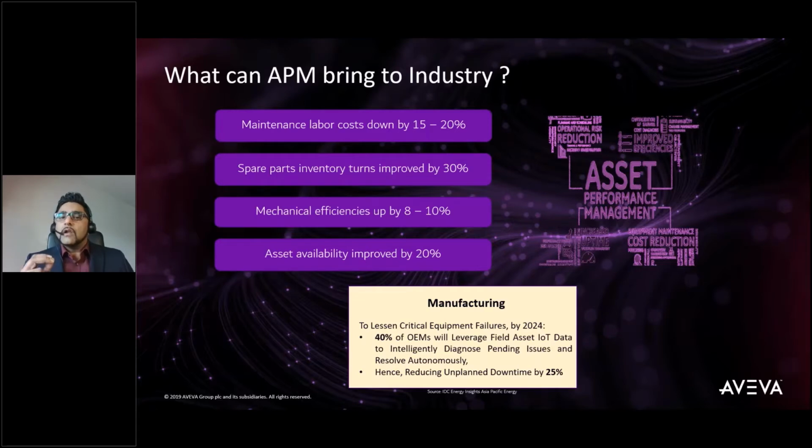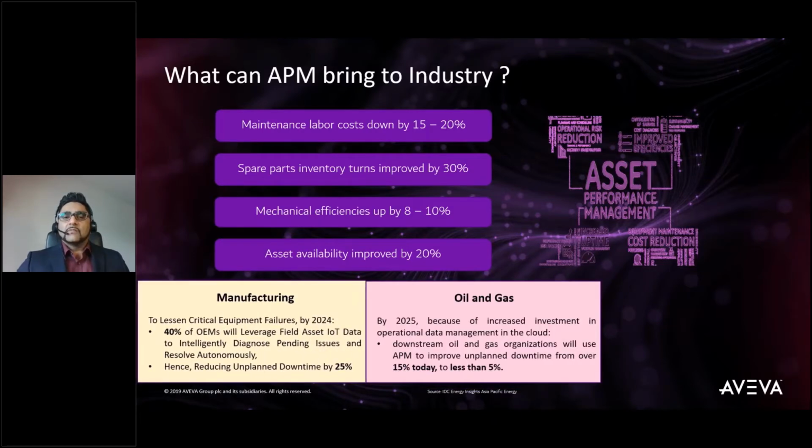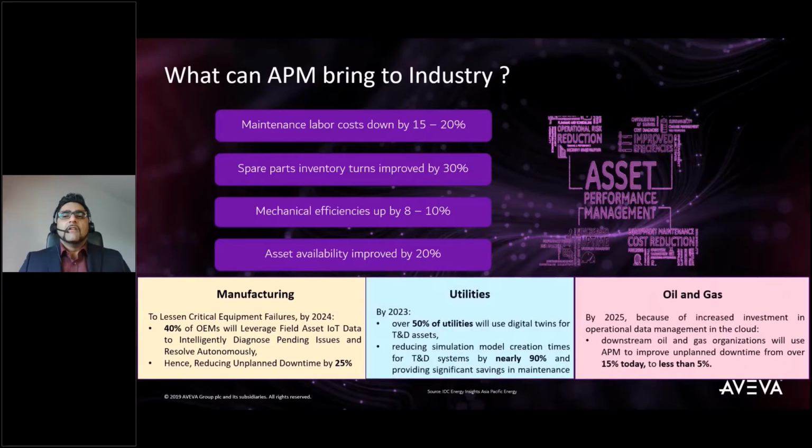So reducing unplanned downtime by 25% is a fair number. Now we can see that again in other industries as well, in oil and gas, where they're looking at reducing unplanned downtime by 15% today to less than 5%. Same thing in the utilities as well. So as an industry as a whole, we see the common trend, but industry is moving very, very fast, and we need to be prevalent and aware of that.